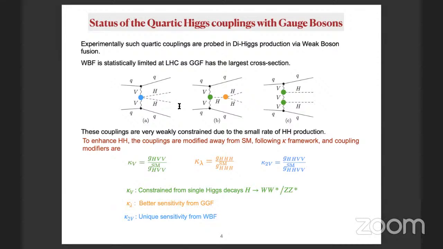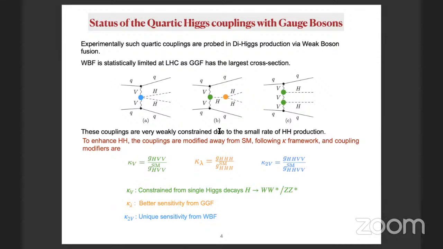In VBF, there are three couplings, shown by the colored blobs, which are predominantly probed. The first is the HHVV coupling. The green one shows the HVV coupling, and the orange one shows the triple Higgs interaction, HHH. Because of the very limited cross sections, these couplings are very weakly constrained.